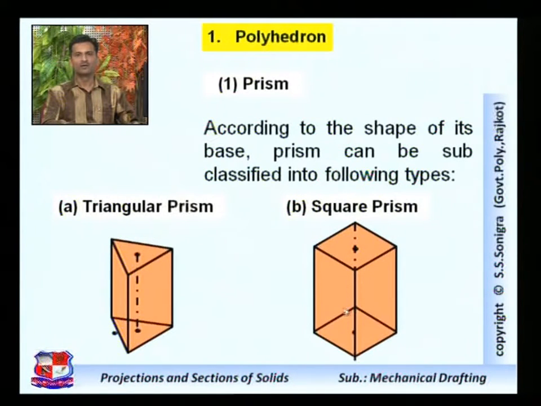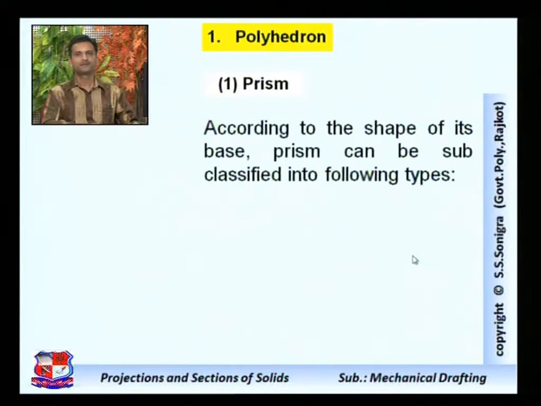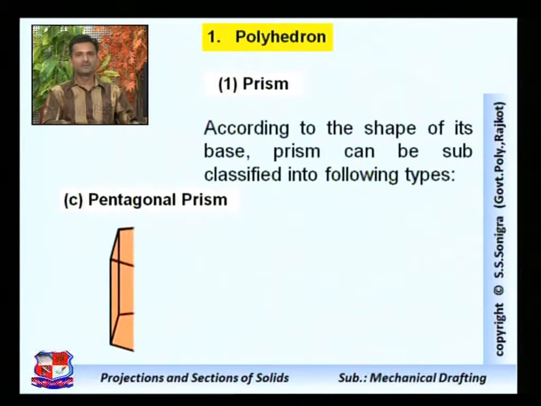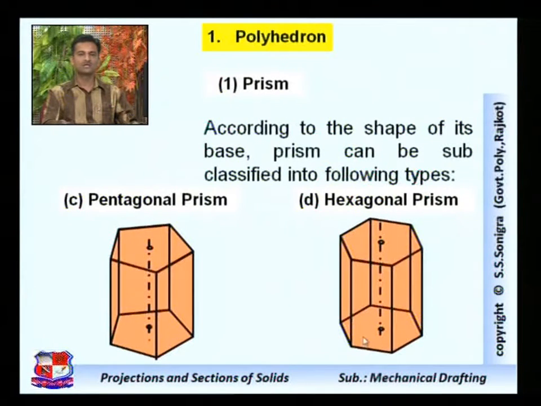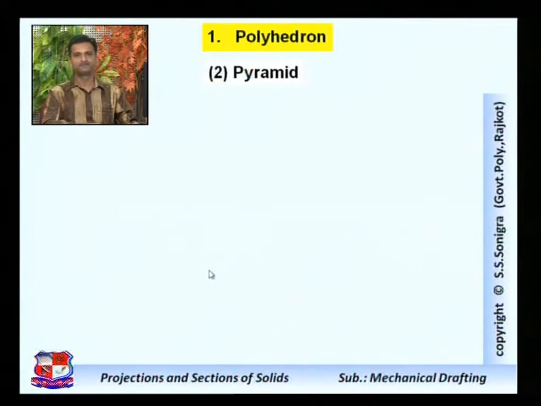So there are 4 equal rectangles and 2 equal squares. Third is the pentagonal prism. The upper pentagonal face and lower pentagonal face are joined with straight lines. And hexagonal prism means 2 hexagons are joined with straight lines as shown here. This is the axis of the hexagonal prism and this is the axis of the pentagonal prism.